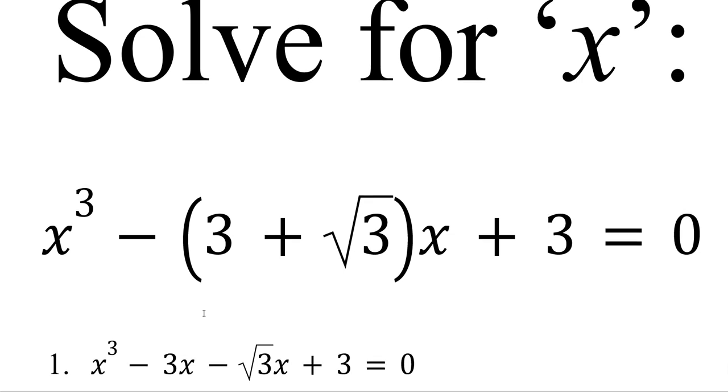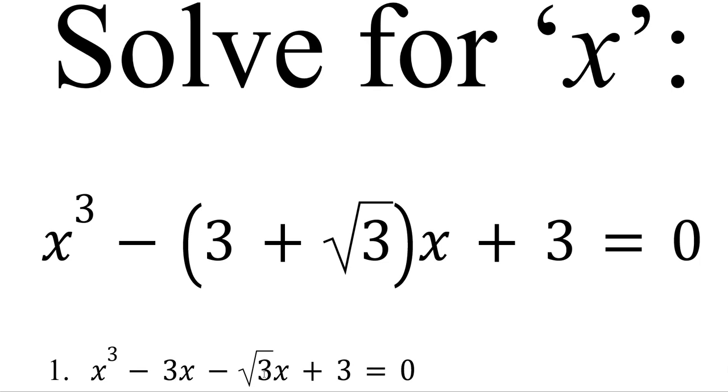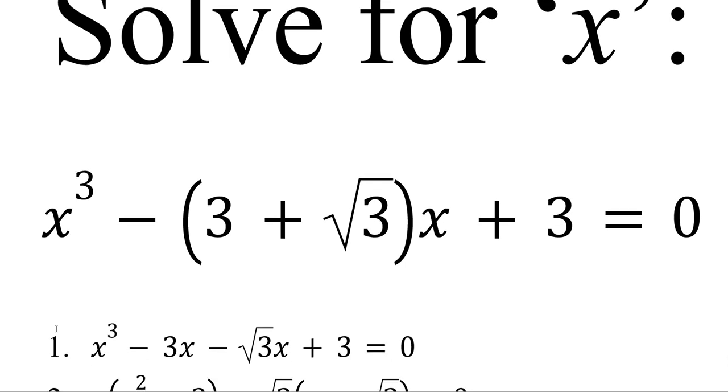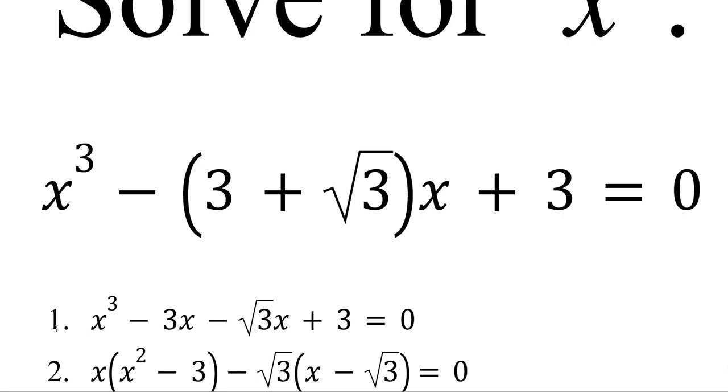If you try to factorize this, you'll get something like x minus root 3, and this is just x squared minus 3 into x, which can be factorized further because x squared minus 3 can be written as x plus root 3 into x minus root 3. And it's almost over. You just have to factorize it and then take stuff common.